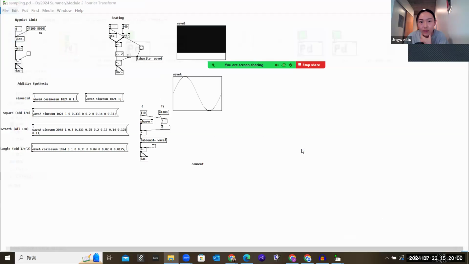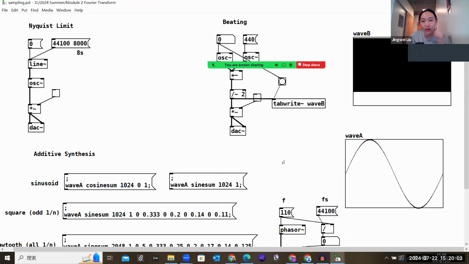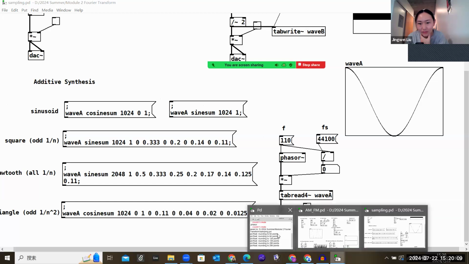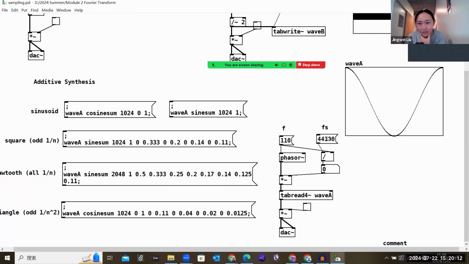Let me try it again. Okay, and if it doesn't work, it doesn't matter. It's not significant. Okay, so I guess something probably went wrong here. I cannot really listen to this table very well, but at least this function works.